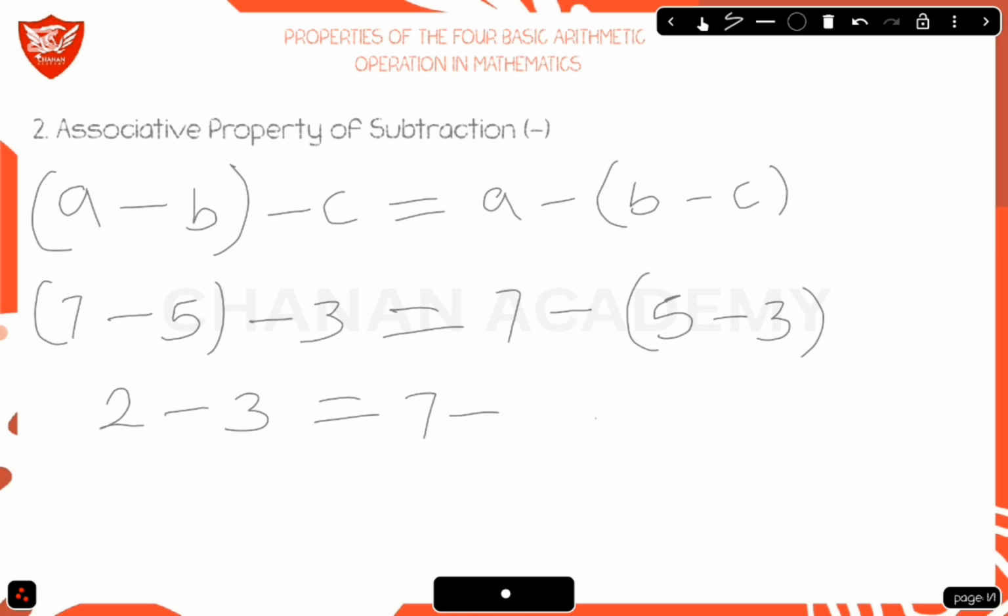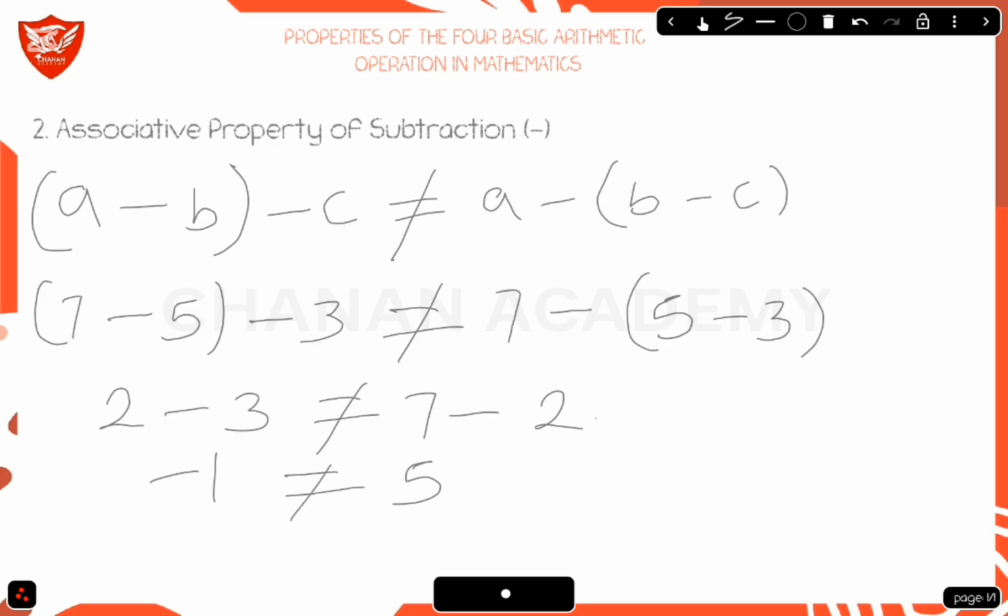So we have 2 minus 3, the result is minus 1. 7 minus (5 minus 3), that is 7 minus 2, the result is 5. So it means that it is not associative.